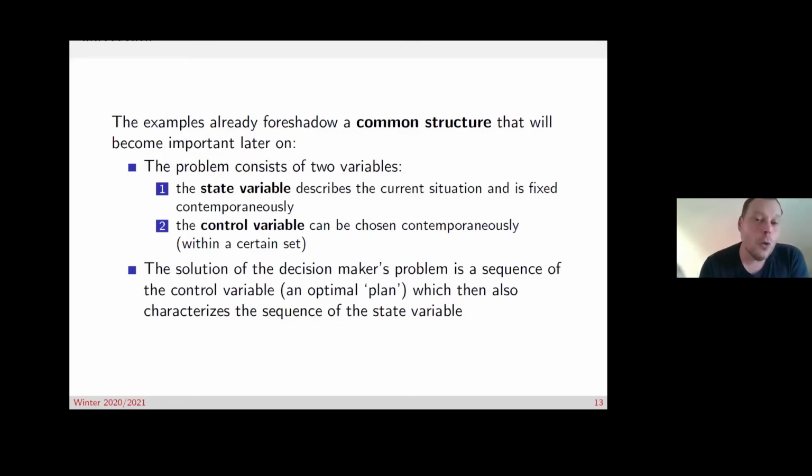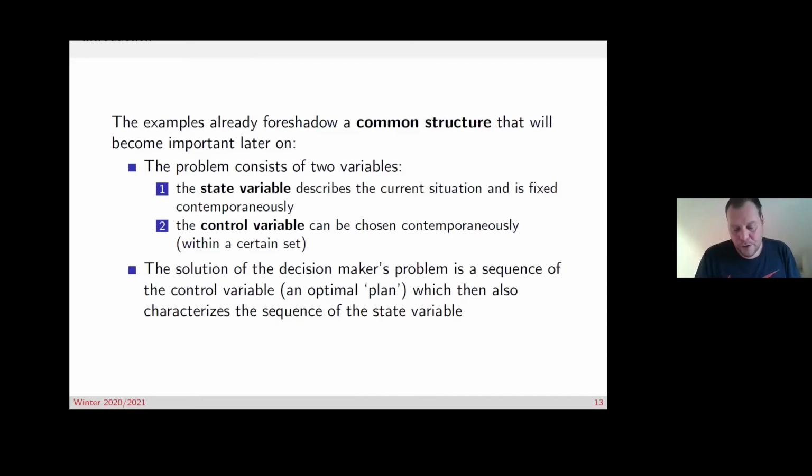On the other hand, you have control variables, and the control variables can be chosen, can be adjusted from a certain set, given some restriction, and this control variable changes the state variable.